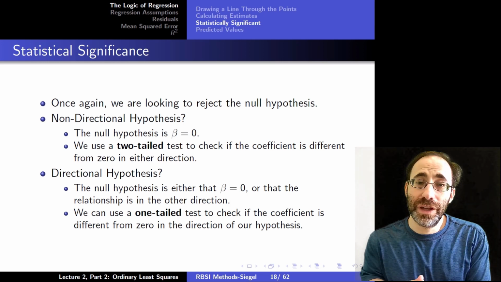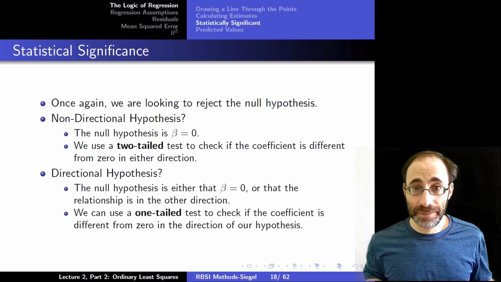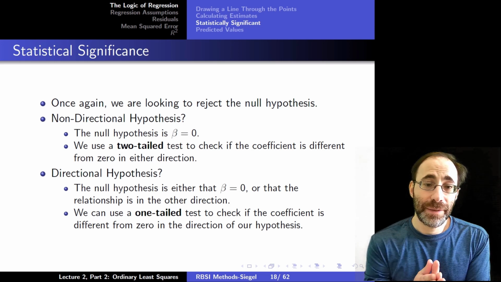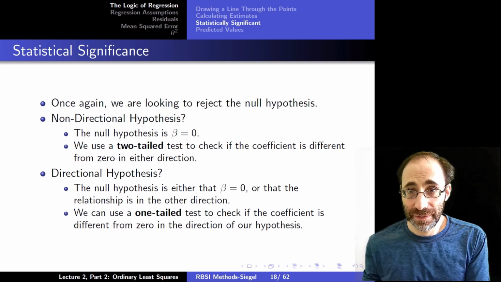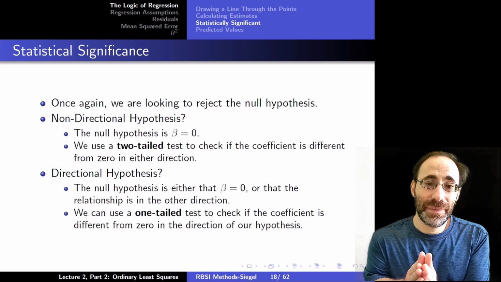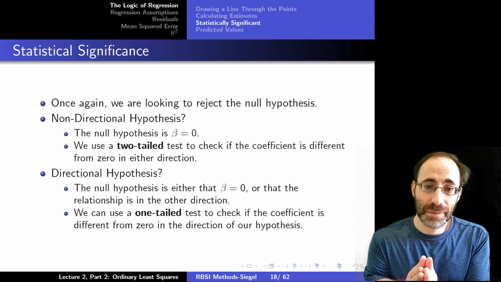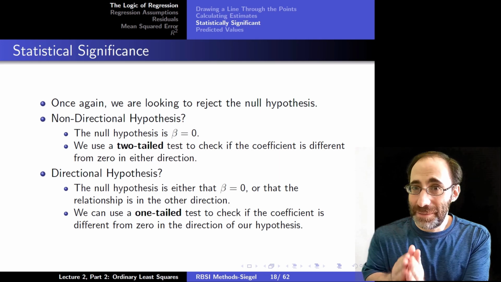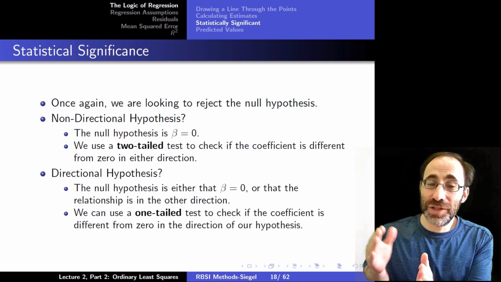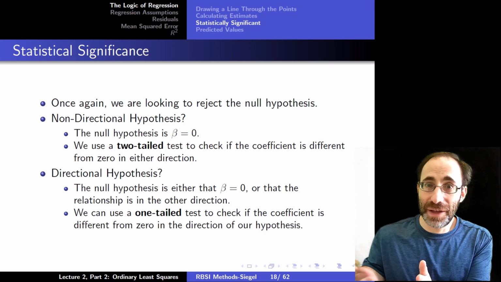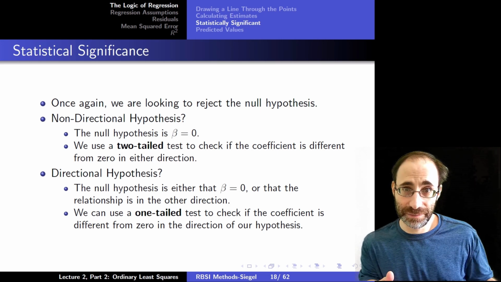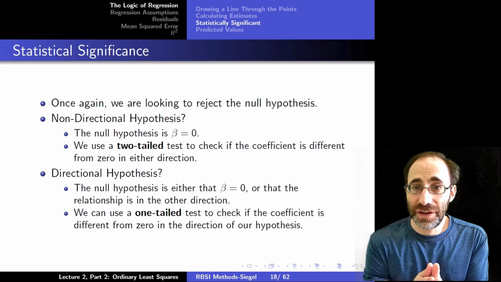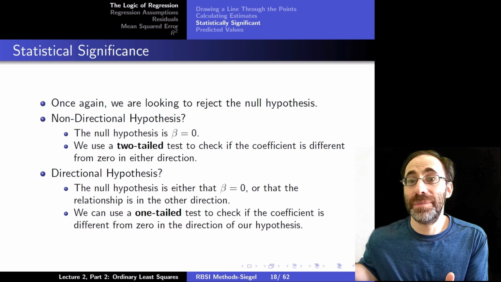And there, you're only looking for rejections in one direction. Sorry, back up. If I'm assuming my beta is positive in my research hypothesis, my null is 0 or negative. I can reject the null then if the beta is sufficiently positive.